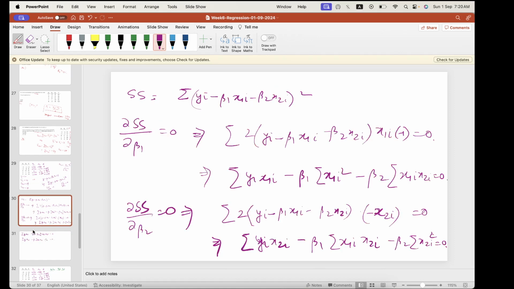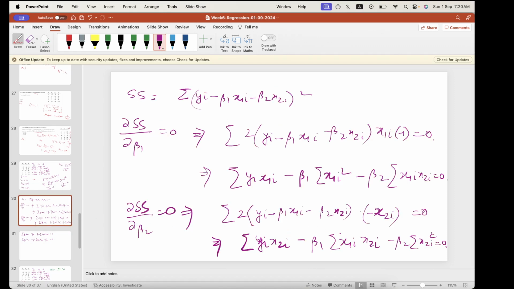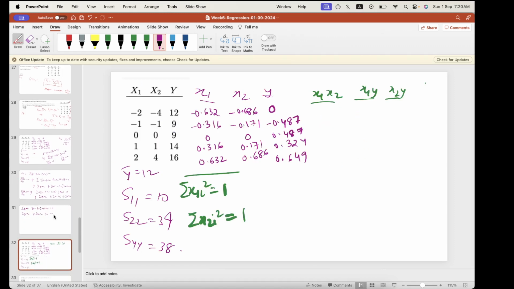Okay, so this is my final reduced equation. This term and this term will go to 1 because it is mean centered. Okay, so now we'll have to plug in these values.